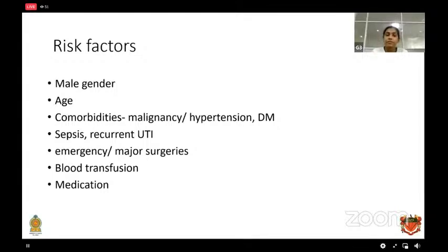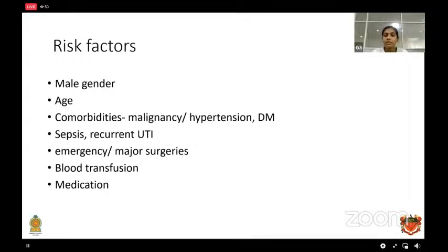And blood transfusion. It is not just that HB is low and you are just giving blood. There are a lot of side effects of blood transfusion. One thing is it can damage the kidney, so you have to be careful. Medications, there are a lot of medications which cause renal impairment, but common ones are non-steroidal anti-inflammatory drugs, some antibiotics, and don't forget contrast.